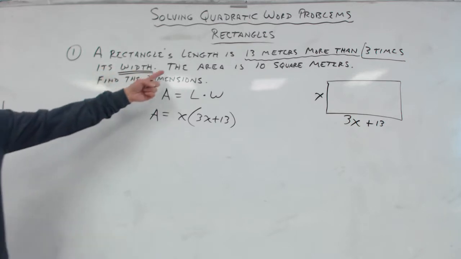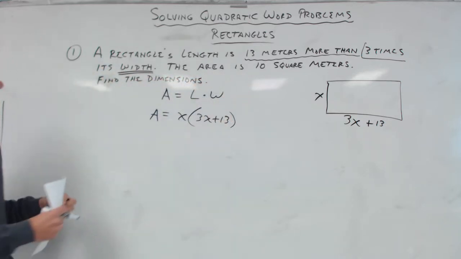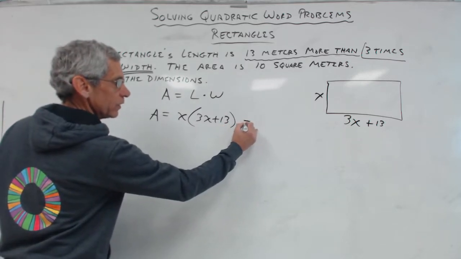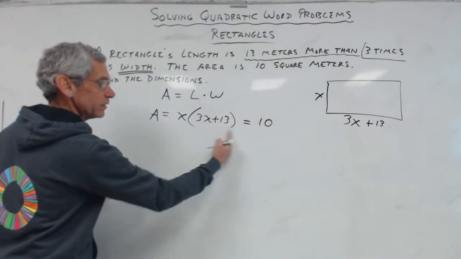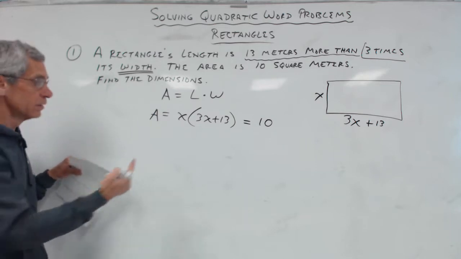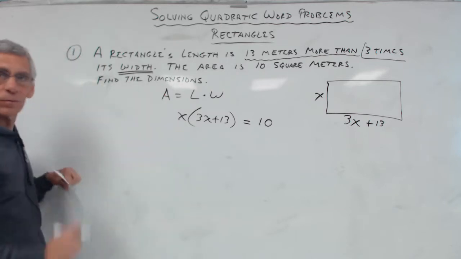The area is 10 square meters. So really, the area is 10. I like to put my 10 over here. So I'm going to say the area is this, but this is 10. Does it make sense? I'm just saying the area is 10, right? So now I don't need this A equals anymore. I'm just going to move it off to the side.